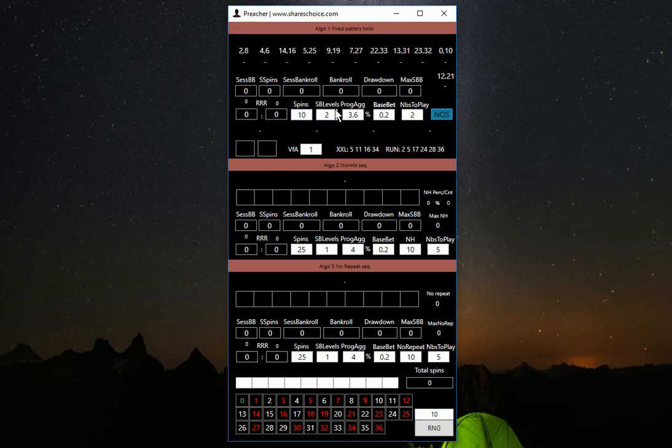SB levels is connected to session, and it means you will play 2 times 10 spins, in total 20 spins your progression. So you will be betting in total 20 spins with this setup. Progression aggressiveness: whenever you are going to minus with your session bankroll, you use this percentage to calculate the next base bet.